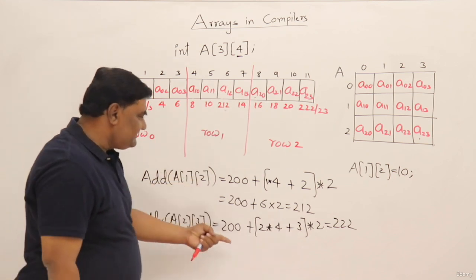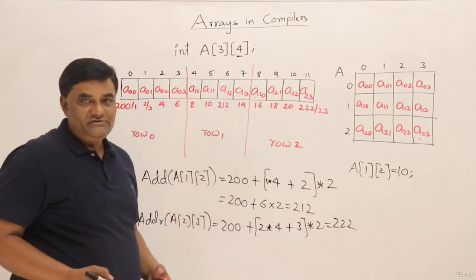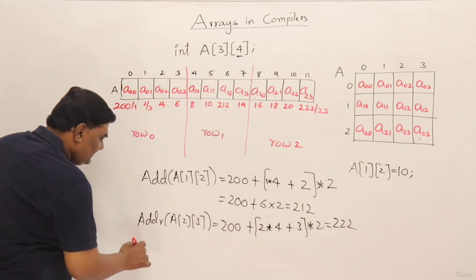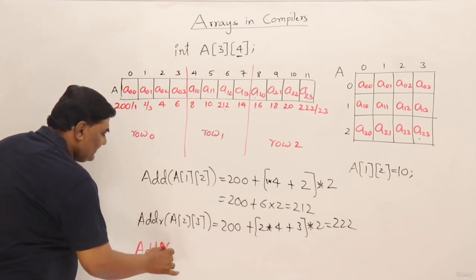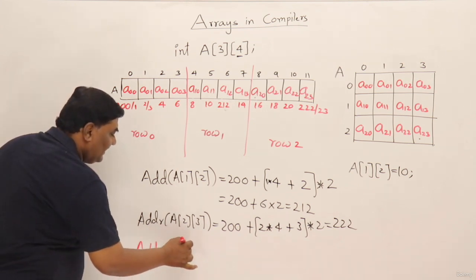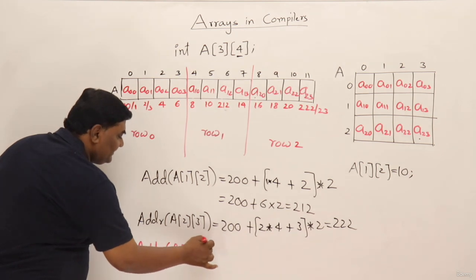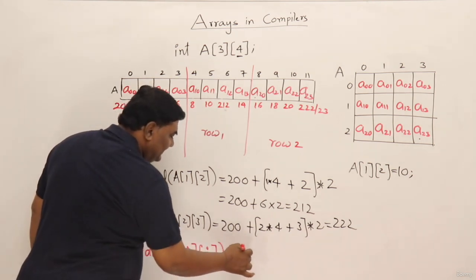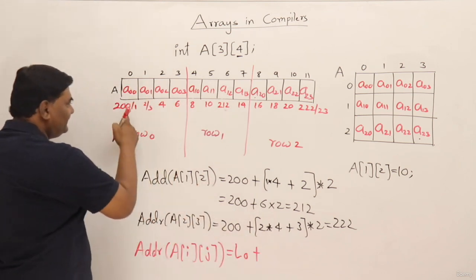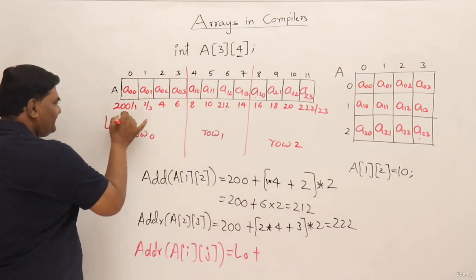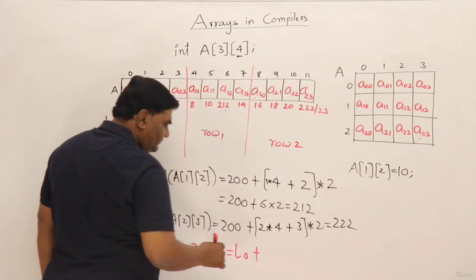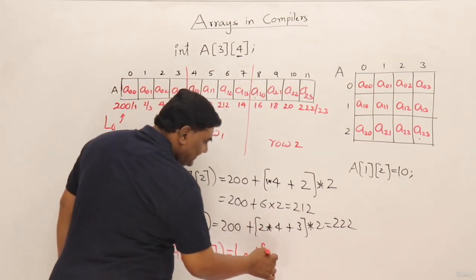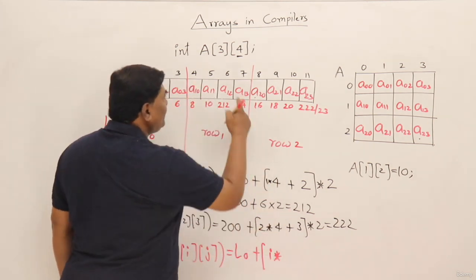Now from these two examples, we are in a position to write a formula for it. So the address of any element a of i, j. We take i and j for representing the indices. So this is L0 plus, L0 is the starting address, that is the base address, location 0, plus i into the number of columns.